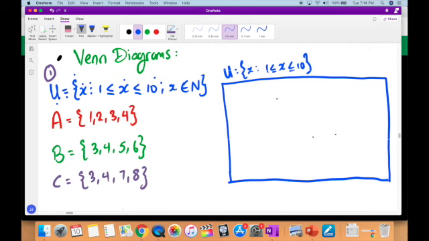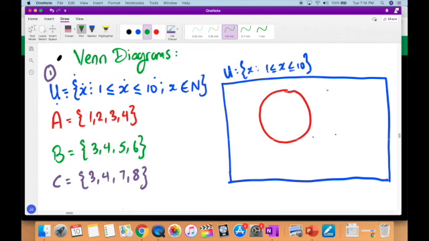Because we have to draw these sets in here now as circles, we should know, do they intersect or not? They do. Which ones intersect? All three of them intersect. So I'll definitely want to put three circles where all three of them intersect.